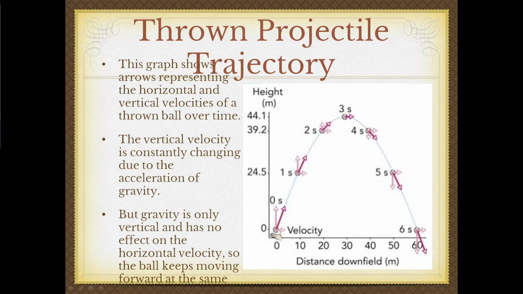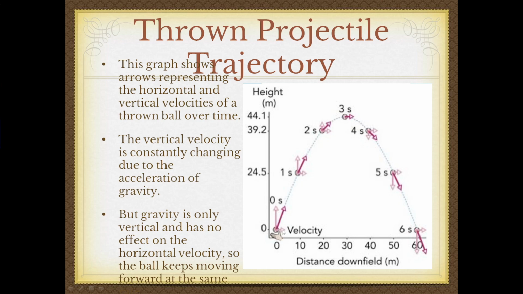And so every single second that passes, you can see that between each of these frames, notice here it's got 0 seconds, 1 second, 2 seconds, 3 seconds, all the way down to 6. Each of these represents a different moment in time, like you're watching the frames of a video. And the red velocity arrows are meant to represent the instantaneous velocity of this particular baseball during each of these 1 second frames.